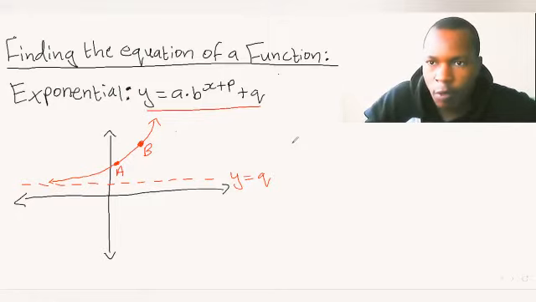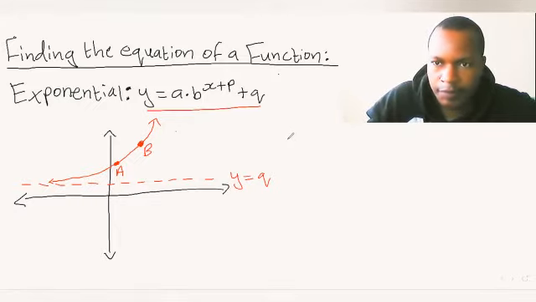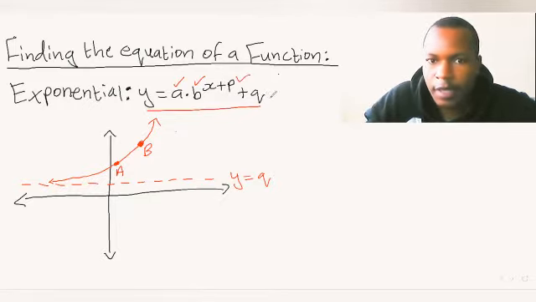So that would be y equals a multiplied by b to the power x plus p plus q. To find the function, we would need to determine the values of a, b, p, as well as q.